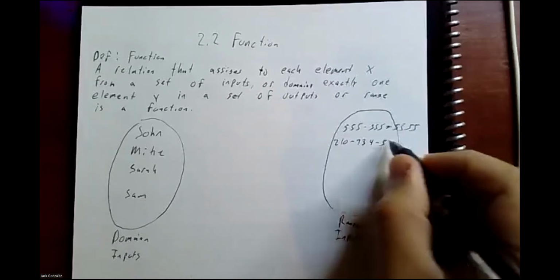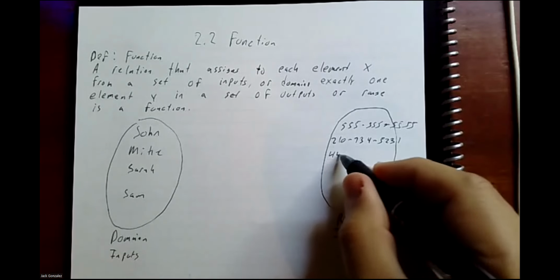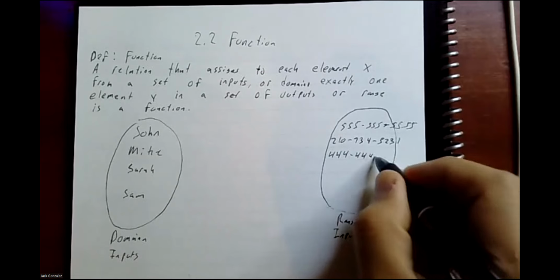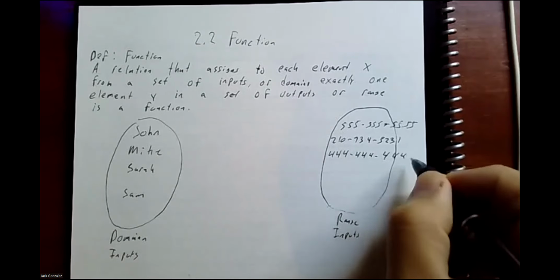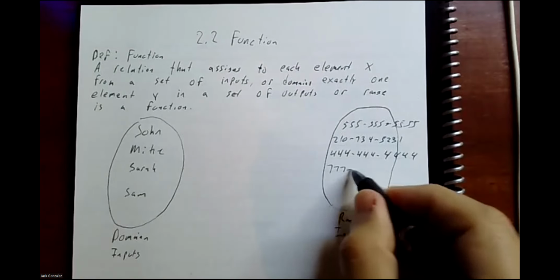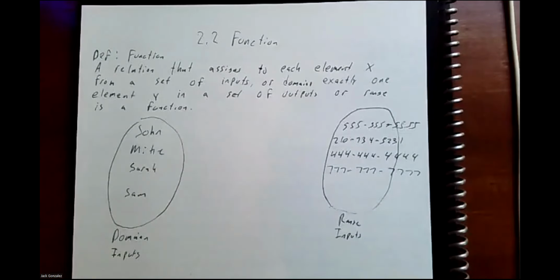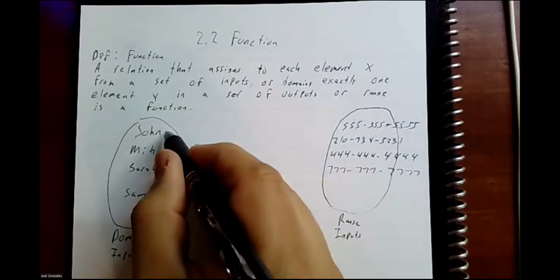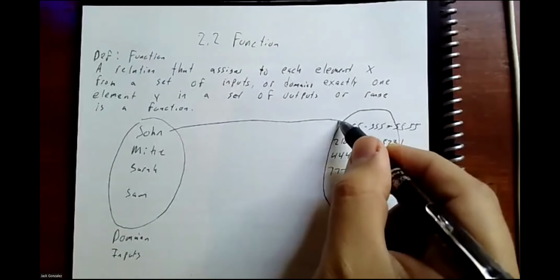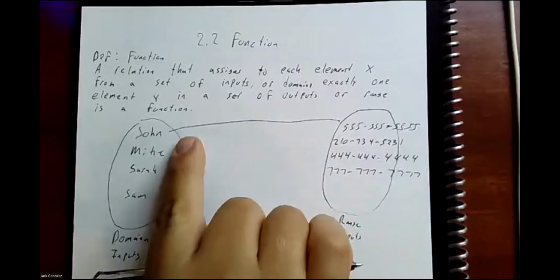Should have made that circle bigger. Let's assume most people have just one cell phone number. So the function is assigning people to phone numbers.